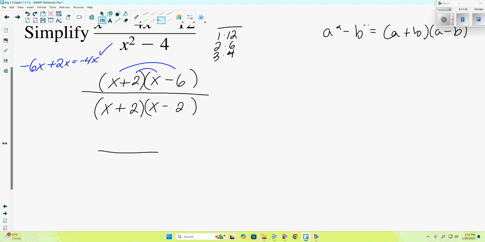Now, is there something in common on top and bottom? And it would be x plus 2 and x plus 2, leaving us with x minus 6 over, and since the only thing now left in common is positive or negative 1, that is factored.